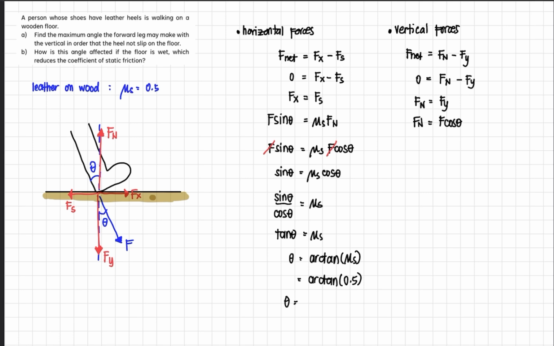So the maximum angle theta that the forward leg will make with the vertical in order that the heel will not slip on the floor is arctangent of 0.5, or 26.5651 degrees with the vertical.